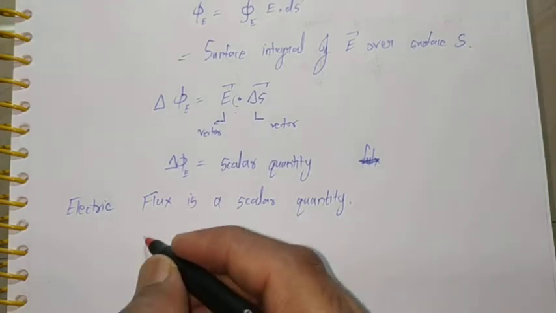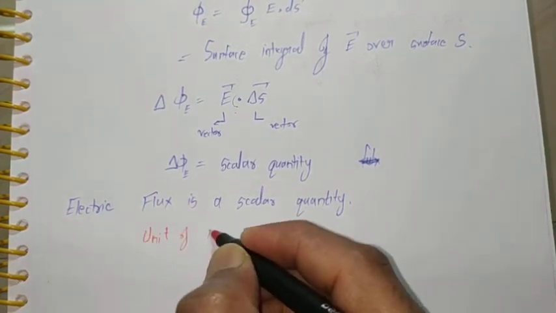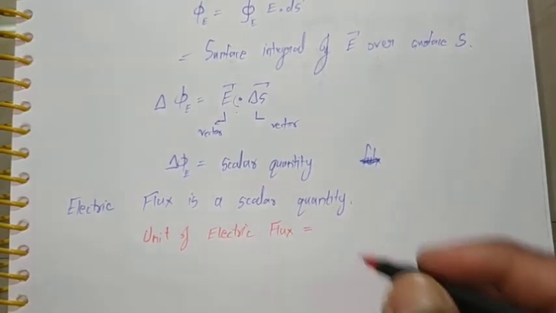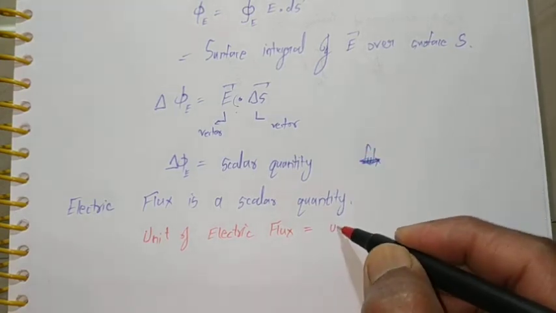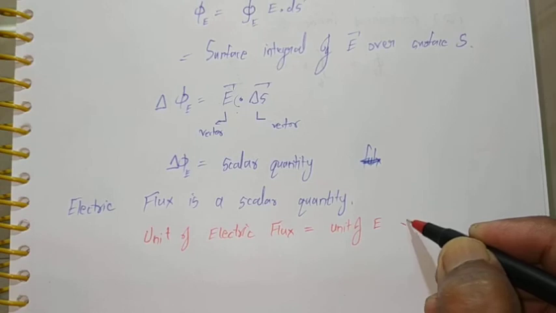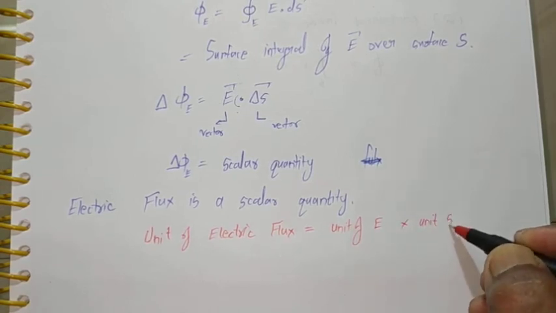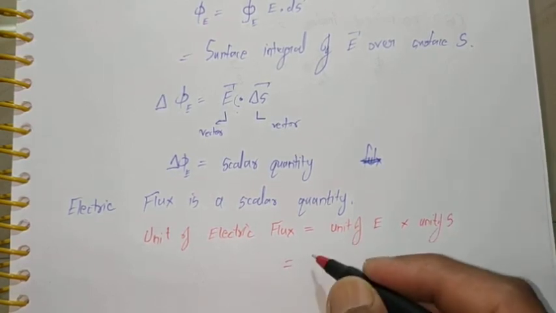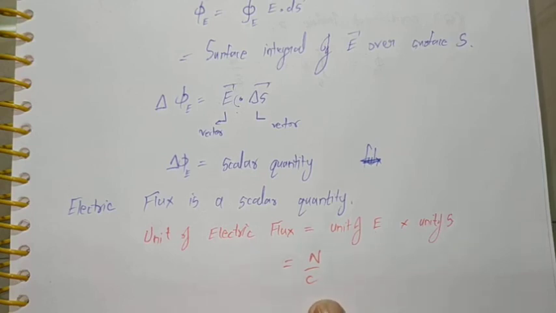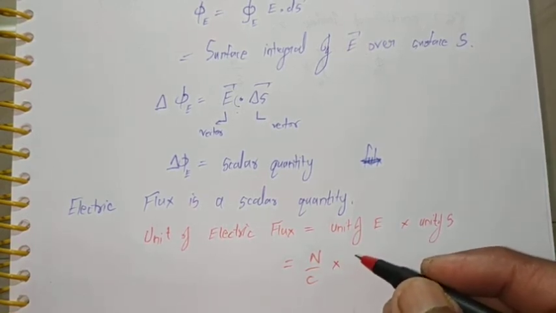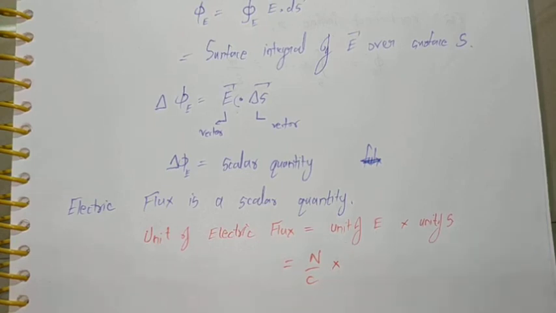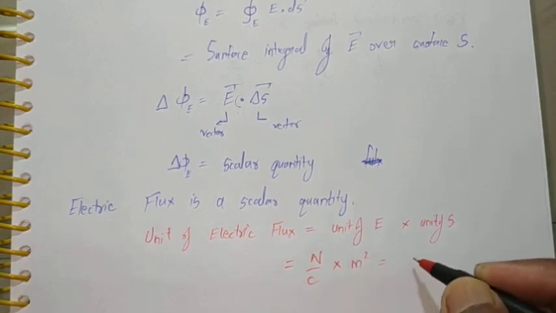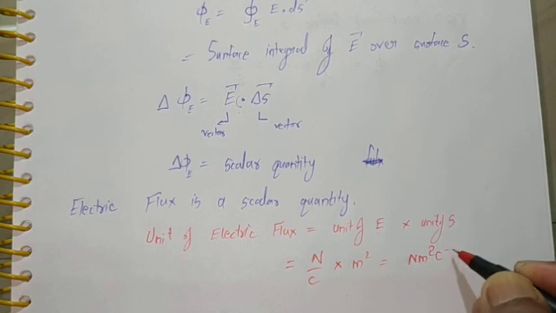Now, what is the unit of electric flux? Unit of electric flux is equal to unit of E multiplied by unit of area, obviously unit of S. It will be for E, Newton per Coulomb, if you remember this, multiplied by area, meter square, or we can write Newton meter square per Coulomb.